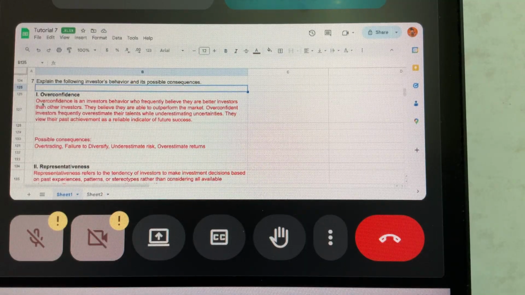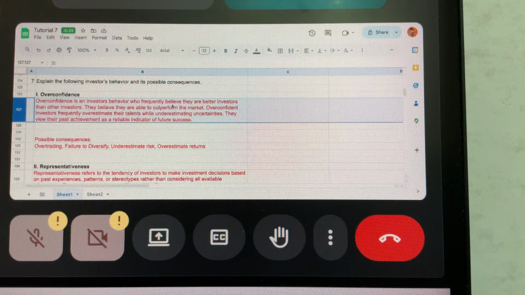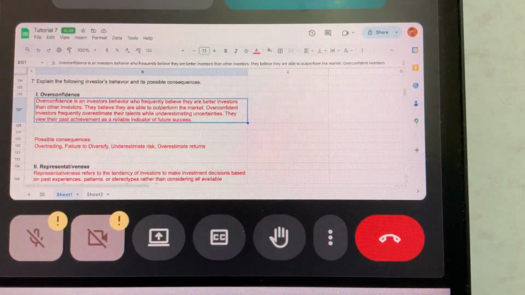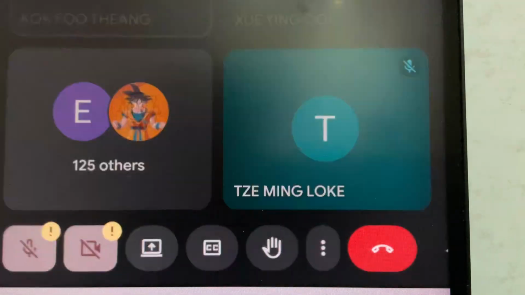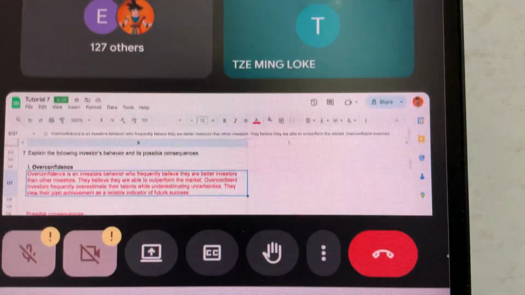Okay, number one, overconfidence. I think most people can understand the meaning of confidence. Overconfidence means investors believe they are smarter than other people. Okay, simple as that. So they believe they can outperform the market. In other words, they believe they can just beat the index. Okay.